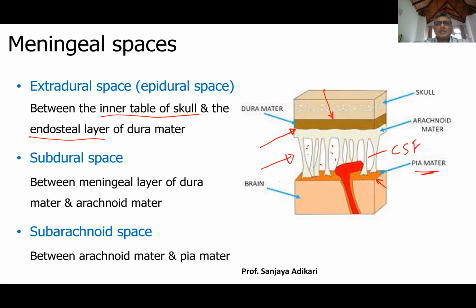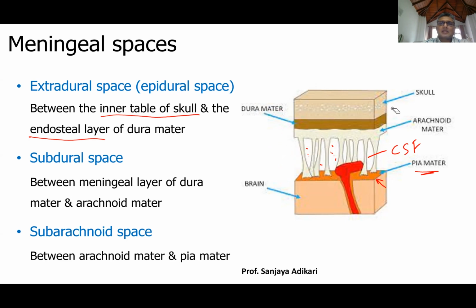And these bands in the subarachnoid space that connect the arachnoid mater to pia mater are softly, loosely arranged connective tissue bands. So whatever passes through it, CSF or blood, has to pass in between these connective tissue strands. So remember these points. So there can be bleeding into these spaces.